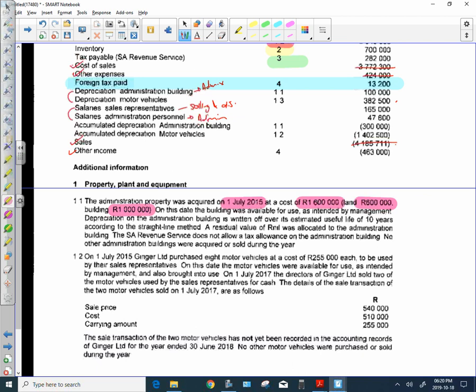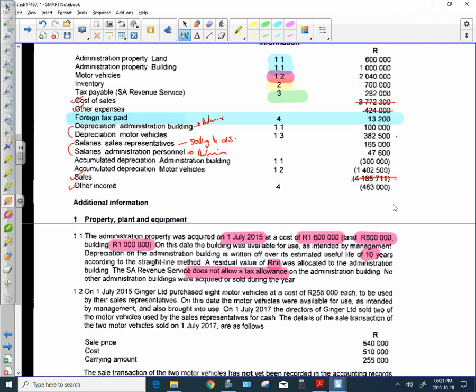On this date, the building was available for use as intended by management, and depreciation on the admin building was written off over an estimated useful life of 10 years, according to the straight line method. The residual value of 0 was allocated to the admin building, and SARS does not allow a tax allowance on the admin building. No other admin buildings were acquired or sold during the year.